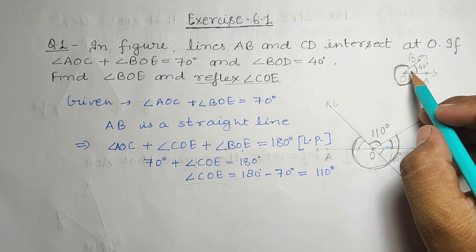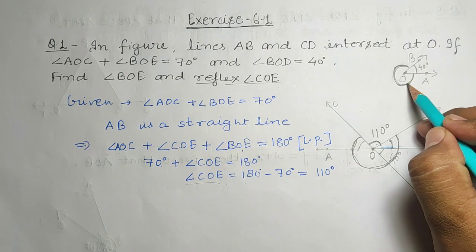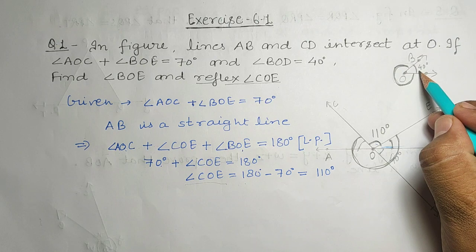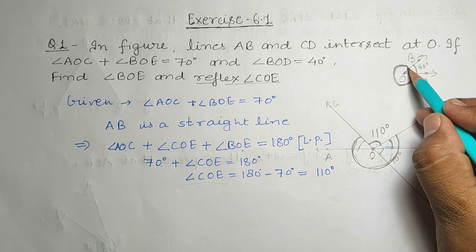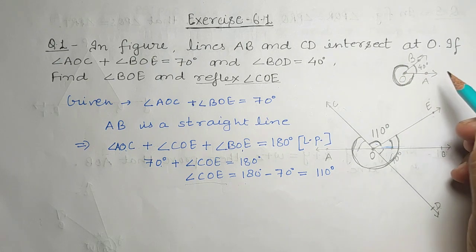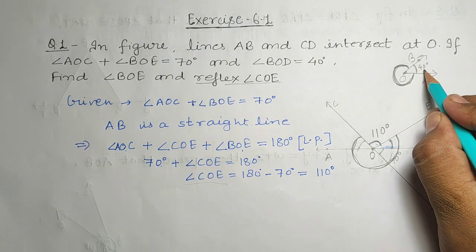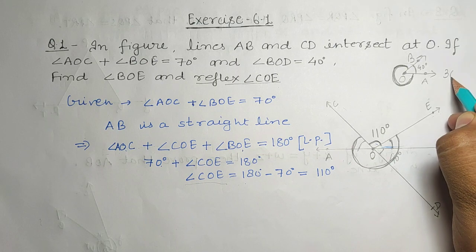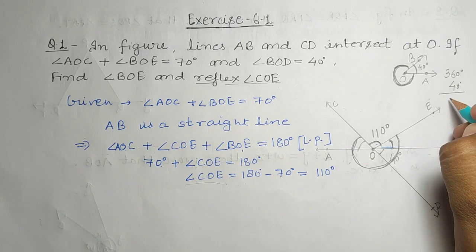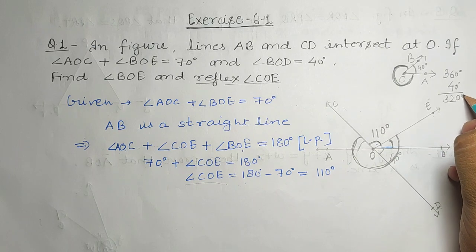At one point the whole angle is 360 degrees. So if we subtract this angle from 360 degrees, we will get the rest of the part, meaning we will get the reflex angle. So what is the reflex angle of 40 degrees? We subtract it from 360 degrees, and we get 320 degrees.